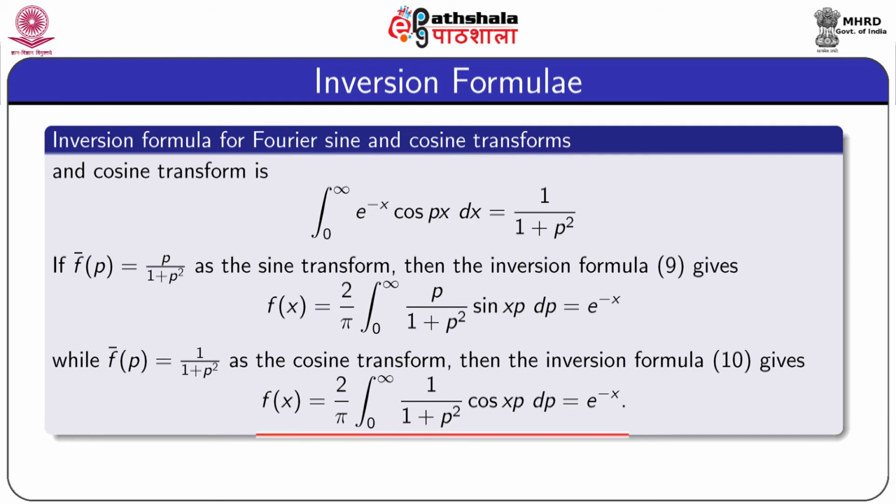So, f(x) equals 2 by pi integration 0 to infinity 1 by 1 plus p square cos p x dp. After integration its value is e to the power minus x. So, for both the sine transformation and the cosine transformation, applying the inverse sine and inverse cosine transformations, it is possible to get back the original function.